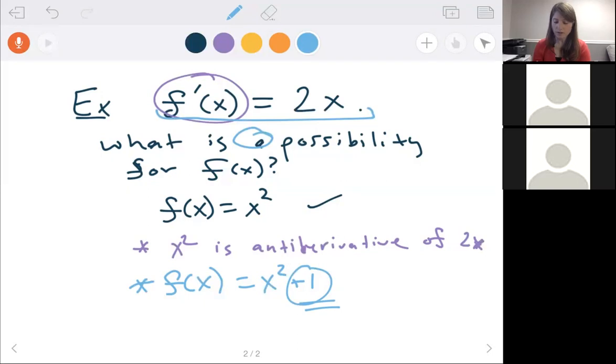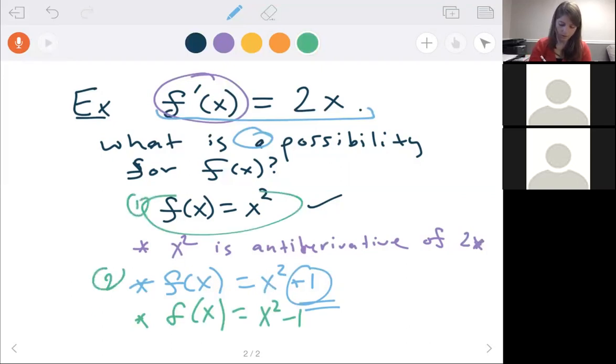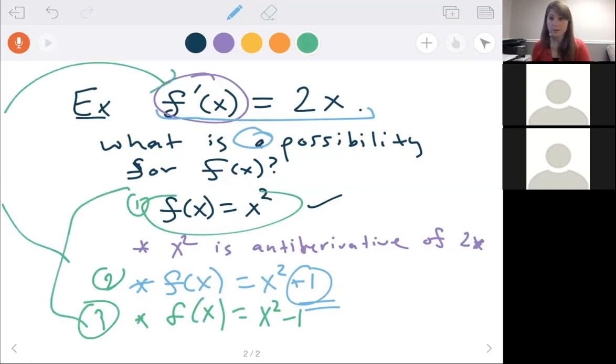And you could actually tack on any constant after, like a +1, or maybe let's write another example, x squared minus 1. All three of these would have a derivative of 2x.